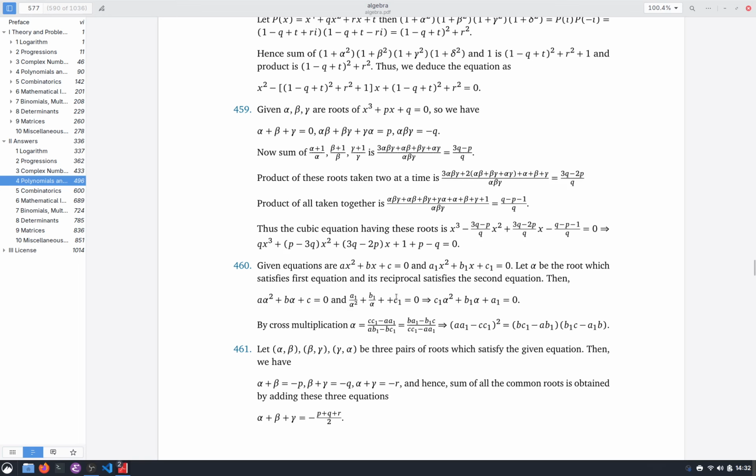Now it is a simple matter of cross multiplication and finding out two values of alpha, which is equal to (cc1 minus a1) by (ab1 minus bc1) is equal to (ba1 minus b1c) by (cc1 minus a1). So upon cross multiplication of these two, we get the desired result.